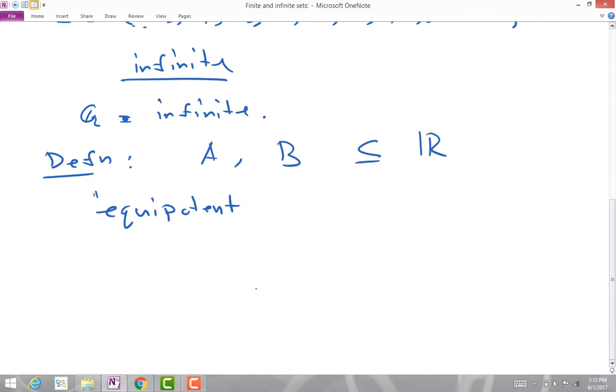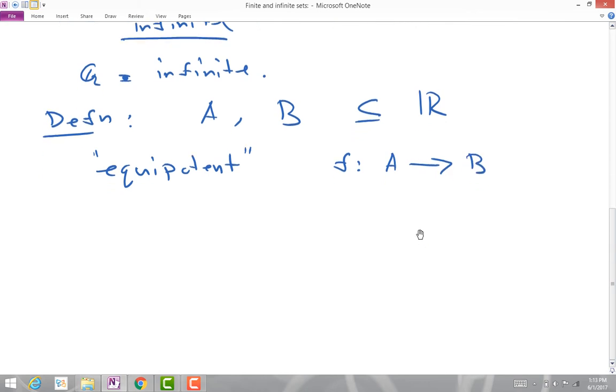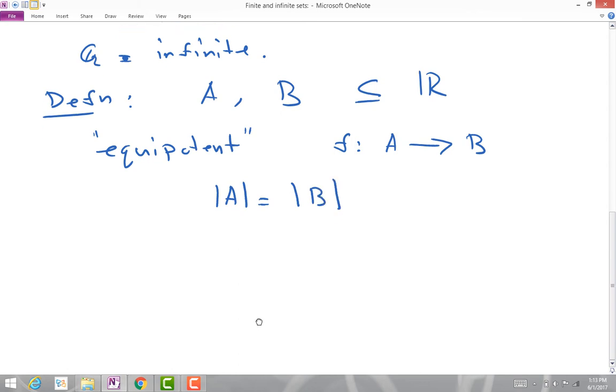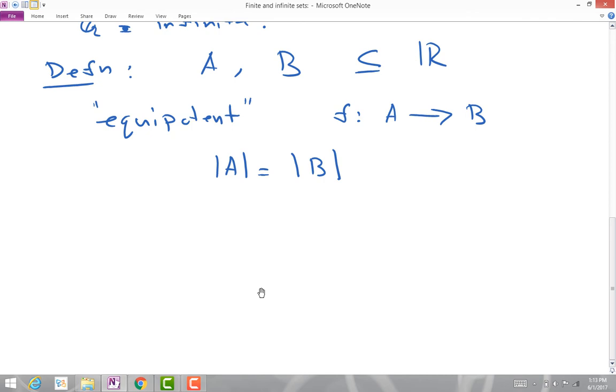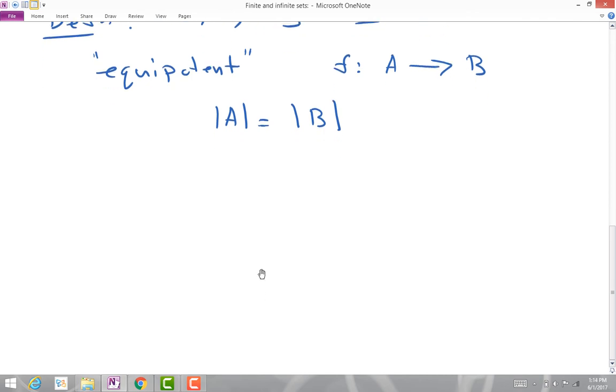We say that A and B are equipotent, or they have the same cardinality, if I can define a one-to-one function from A to B, or a one-to-one correspondence. Or basically, if it's a finite set, that means the cardinality of A is equal to the cardinality of B. So that's about finite and infinite sets.